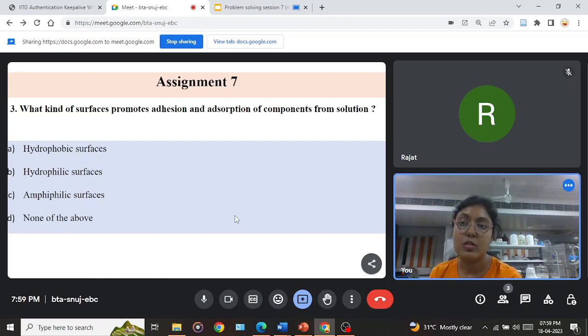So we'll wait for some time for catching up on the answer to this question. What kind of surfaces promotes the adhesion and adsorption of components from solution?